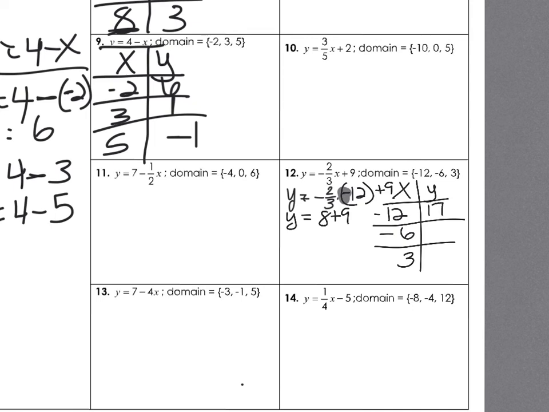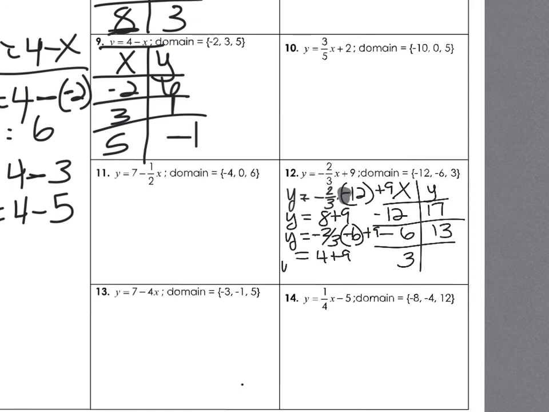Have to have a bigger graph for that, wouldn't you? Okay, and y equals negative 2/3 times our x. This time is going to be negative 6 plus 9. So y equals, this negative times negative is positive, and 3 will go into 6, 2, so it's 4 plus 9, so that's going to be 13.